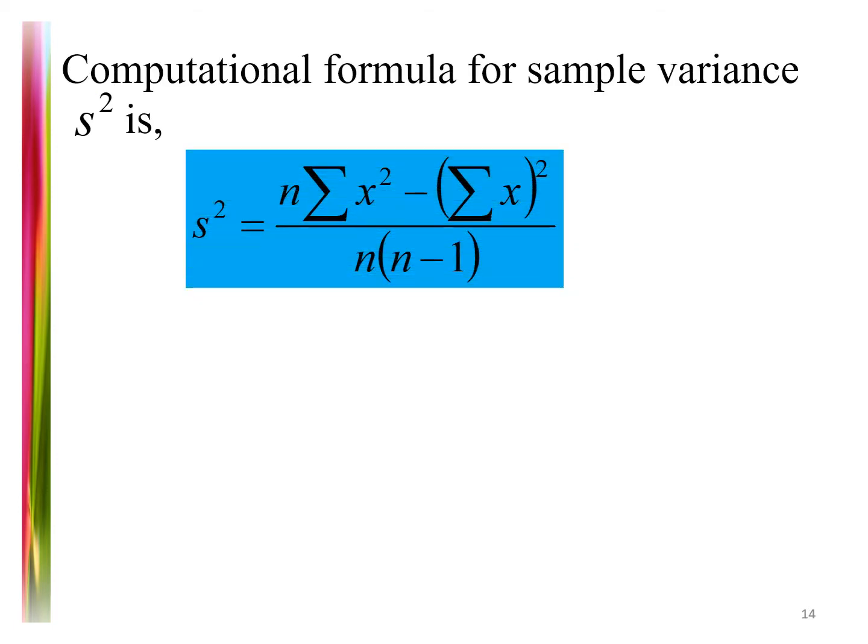We can also simplify that formula into another version. Our initial formula is summation of x minus x bar, all squared, divided by n minus 1.